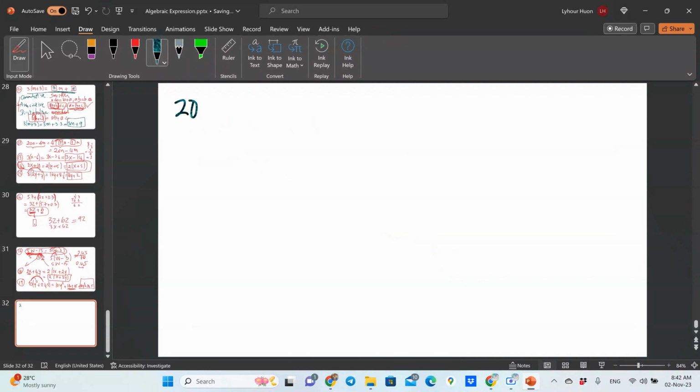This is today's number 20. Yes, number 20: 3 over 4 plus parentheses z cubed plus 4. What property will we be using?